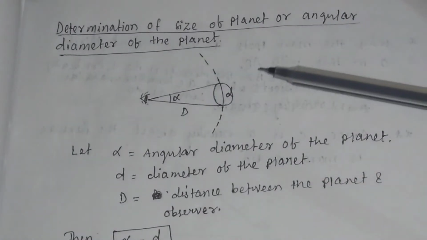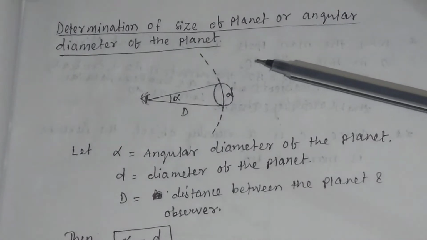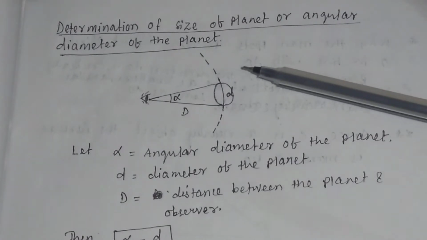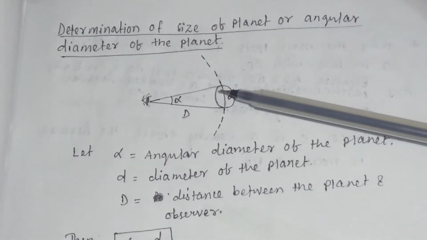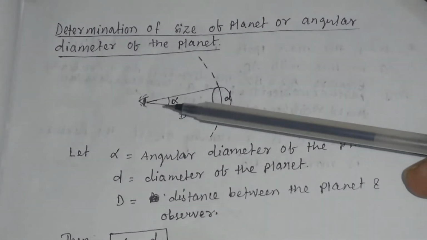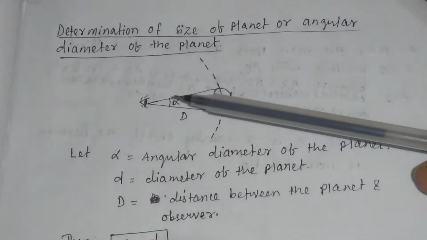Now let us see how to determine the size of a planet, or angular diameter of the planet, by using the parallax method. Suppose this is your planet, and this is a point on Earth's surface, and you see the planet from Earth's surface.